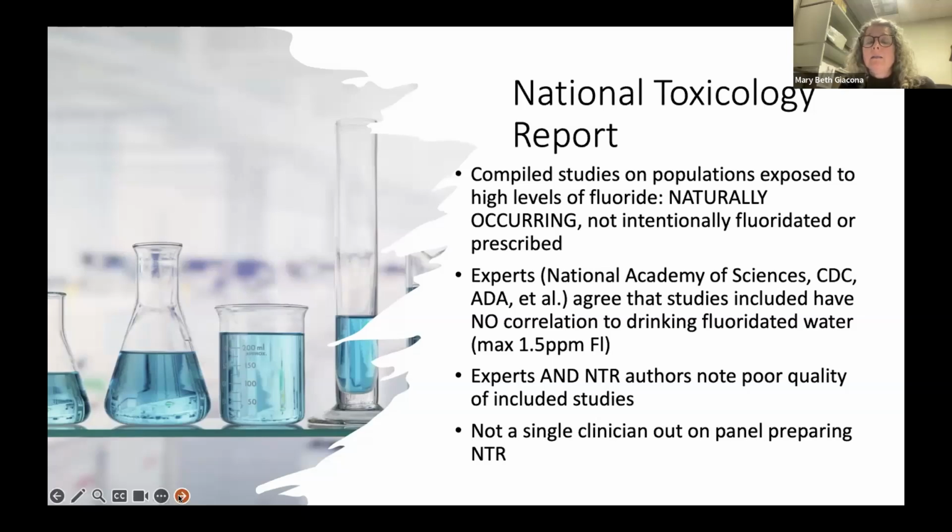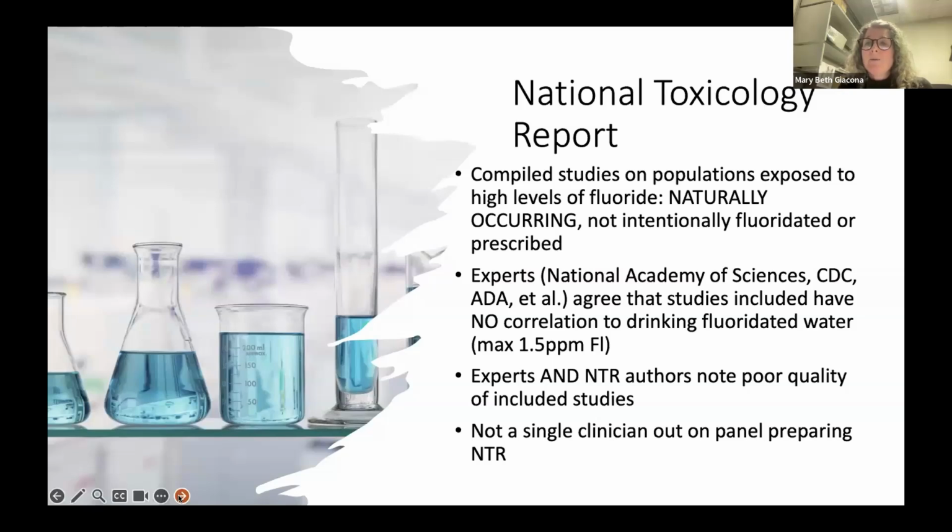And they submitted this report to the National Academy of Sciences, and the National Academy of Sciences reviewed it and said, no, the studies themselves are flawed. There's very low quality in each individual included study. But the experts from the National Academy of Sciences, from the CDC, from the American Dental Association, you name it, all agree that the studies that were included in this national toxicology report really have no correlation to drinking fluoridated water, which the WHO puts at a max of 1.5 parts per million of fluoride.